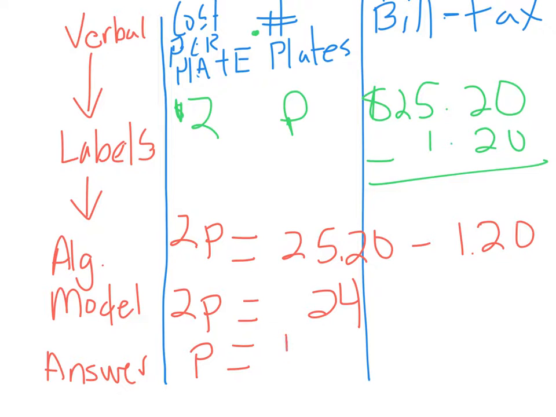P equals 12. So the number of plates we have is going to be 12 right here. And so they ordered 12 plates of food.